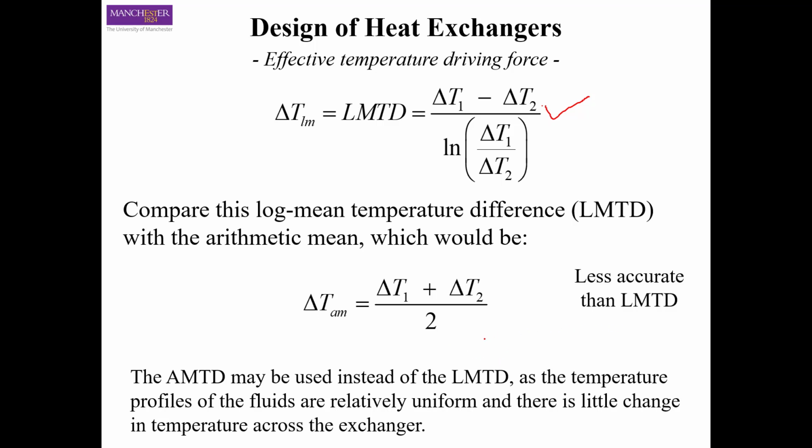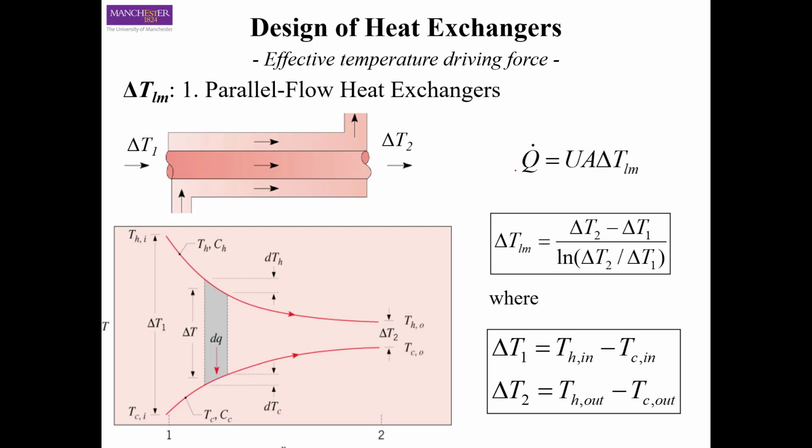So let's look at how we can define LMTD for two different flow situations. Here we are again assuming pure flow. For pure parallel flow, the two fluids are moving in the same direction, and again we are looking at just one shell and one tube.